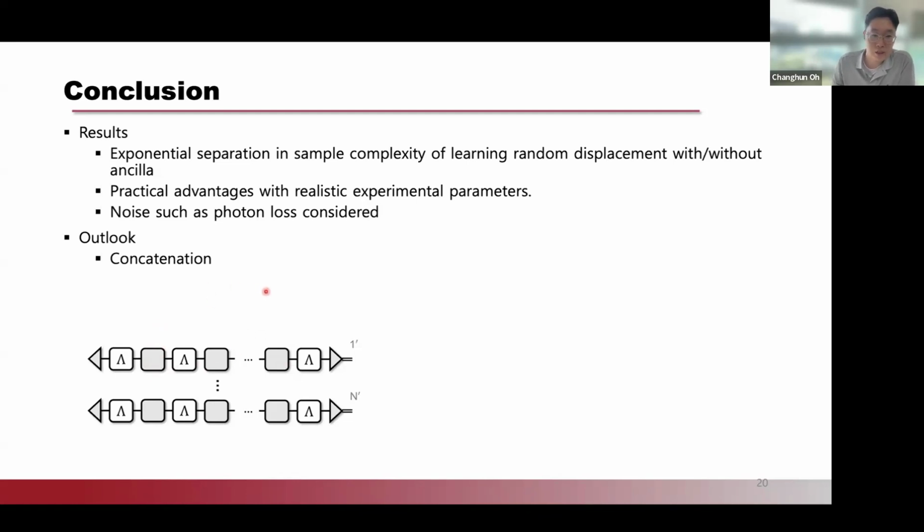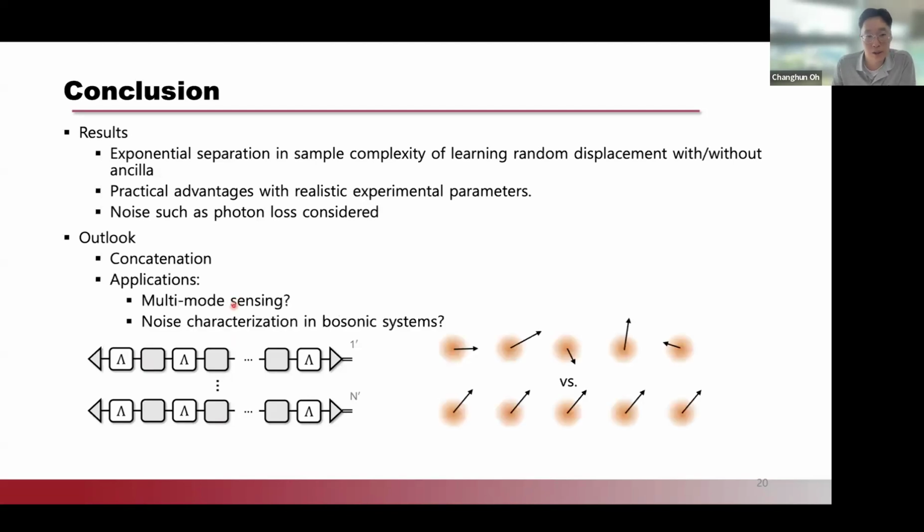In the DV case, we have shown a similar exponential separation, but in this bosonic case, we haven't finished this. Another important outlook is finding applications. The main motivation of generalizing from the DV system to the CV system was to find more practical applications, but for this particular random displacement channel, we couldn't find a good example of applications. So we are hoping to find some application in the near future.